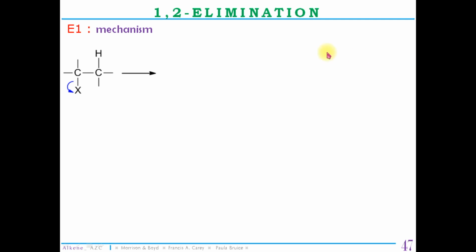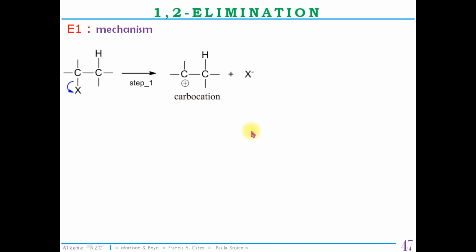Now it's time to study the second elimination mechanism, the E1 mechanism. In this mechanism, the first step is removal of the leaving group. This leaving group, that is halide, takes the bonding electrons and leaves as negatively charged, and forms a carbocation intermediate.